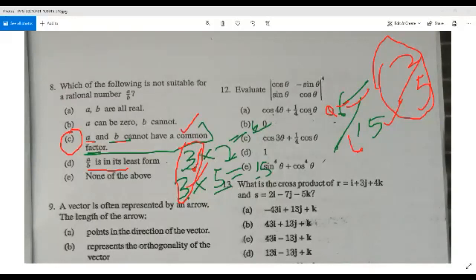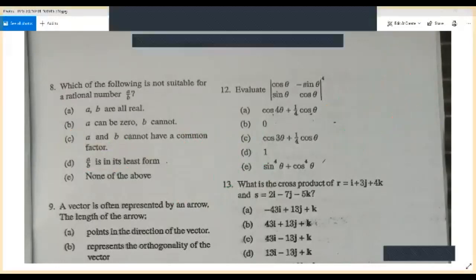Are you okay with why the answer is C? Yeah, I'm okay. Okay, good. So now let's unshare this and continue with what we are doing.